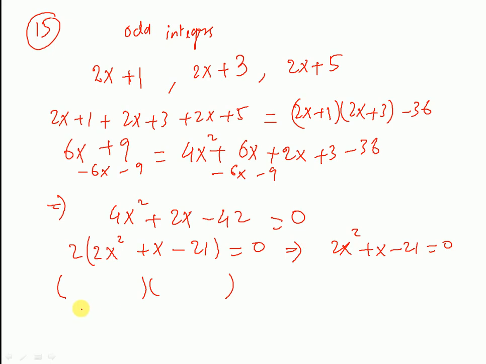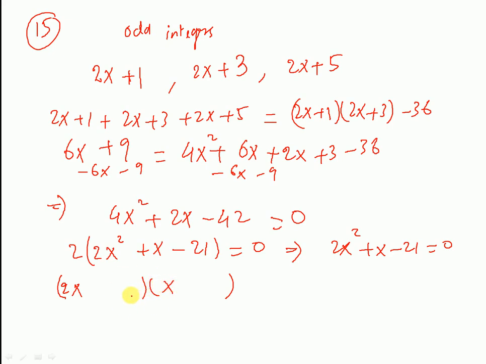To solve for x, you can solve this by factoring. So for 2x squared, I have 2x here and x, because 2x and x give me 2x squared. Now we need to find numbers that when you multiply them, you get minus 21, and when you add the inner terms, you get 1.